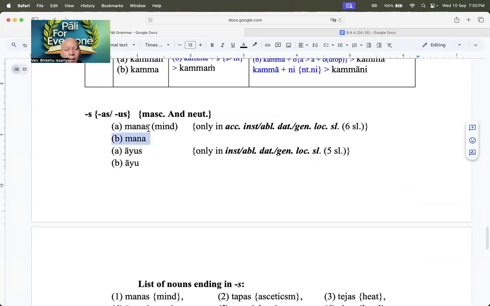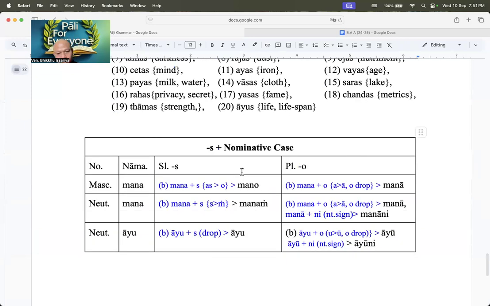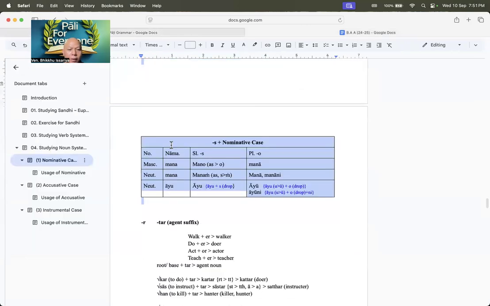But for the manas, that A stem is in all singular cases we can find except the nominative and accusative. But for the RUs, in five singular cases, so without nominative and the accusative. So when we learn that one also, we will see that point. Okay, so now we finish this sa noun also. So now let's go to the ra nouns. Okay, ra nouns.